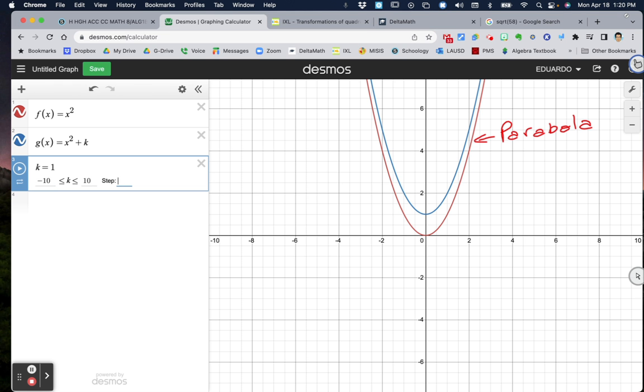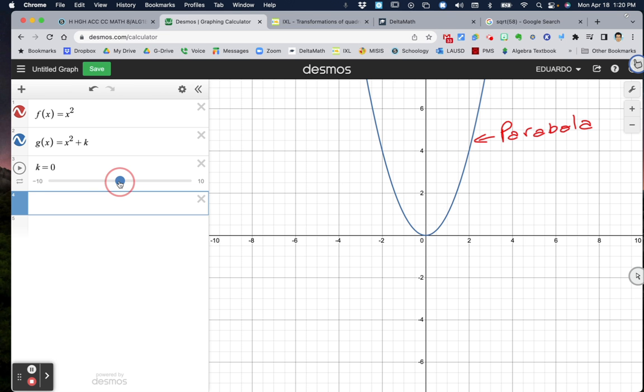And let's make the steps 0.5. Okay. And move the slider over to 0.